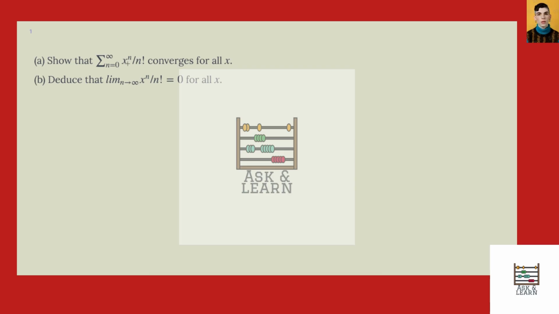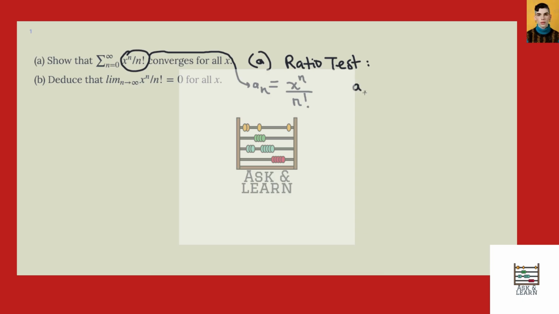Let's show that this series converges for all x. So in part A, let's use the ratio test, where this is our a_n. The ratio test requires us to look at a_(n+1) over a_n, absolute value of that, and then take the limit as n goes to infinity.